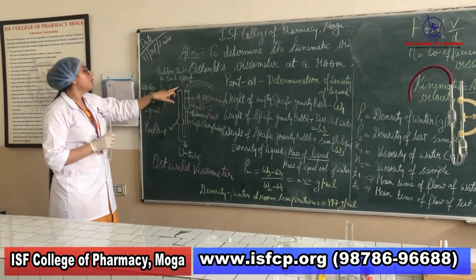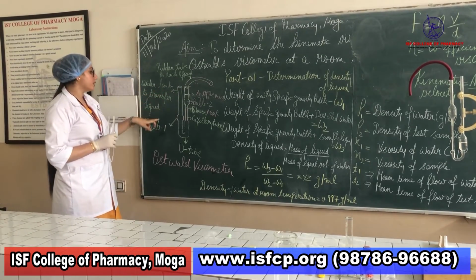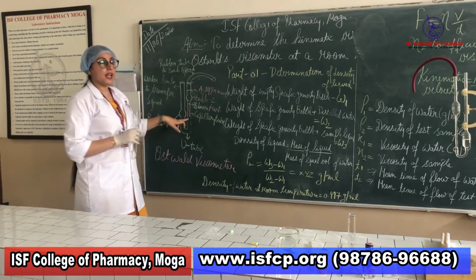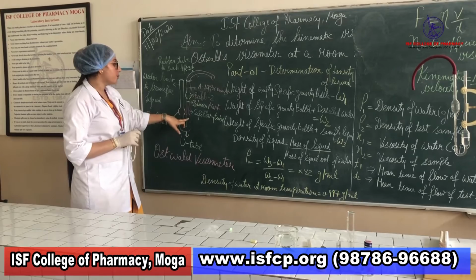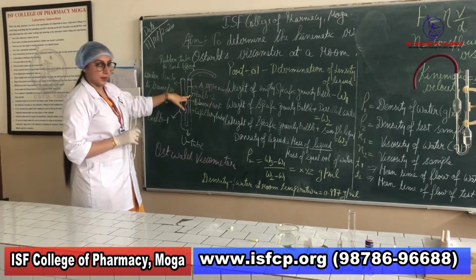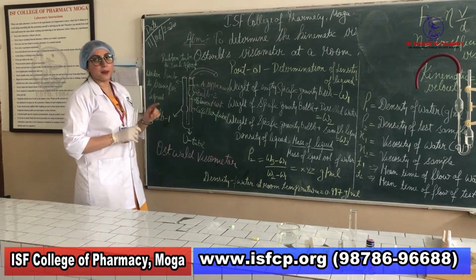You have to pour your sample from the wider limb. The fluid should then move through a capillary tube into the bulb tube, which has two marks, mark A and mark B.